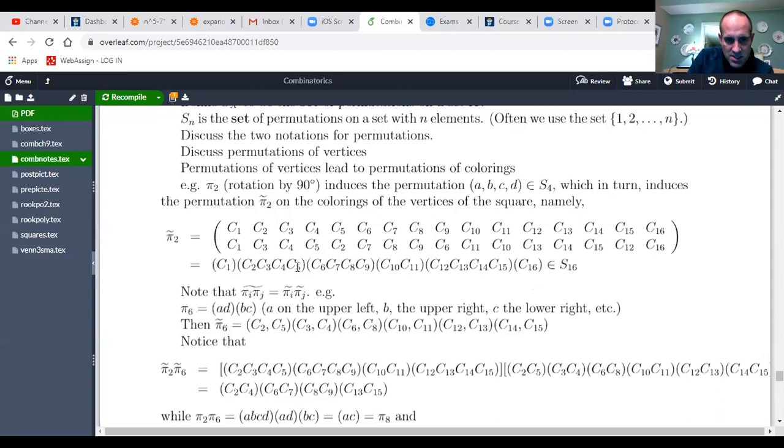And so you can even write this thing in cycle decomposition. But again, this is not the same as pi 2. The book muddies the waters by writing them as the same thing. It induces this other permutation. So I'm kind of obsessing about that. Okay.